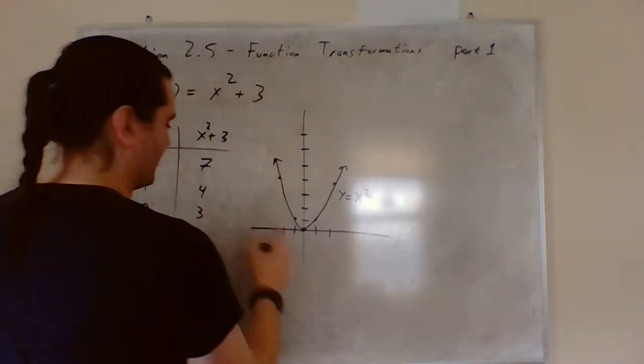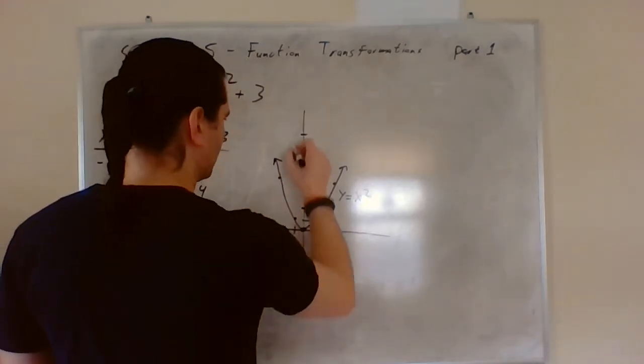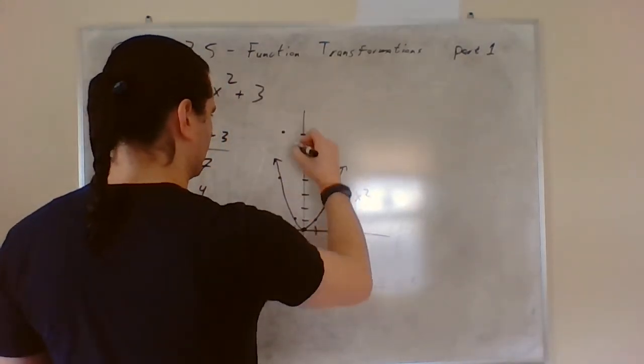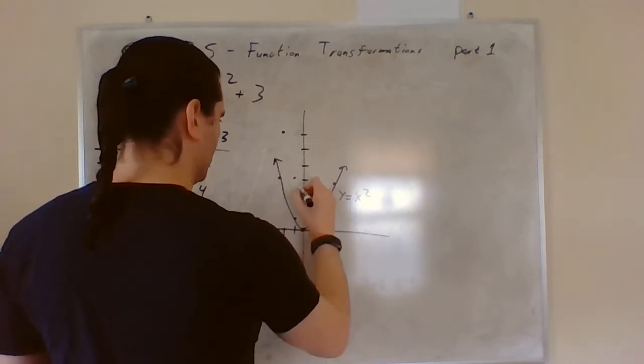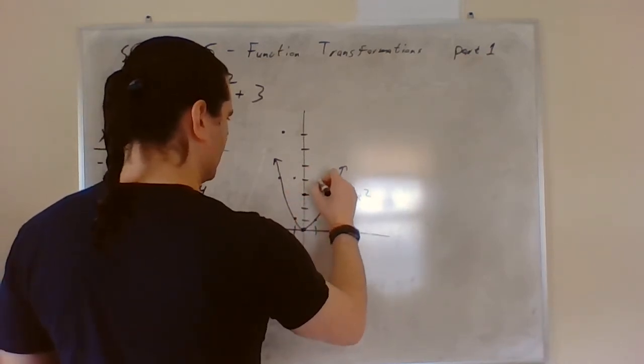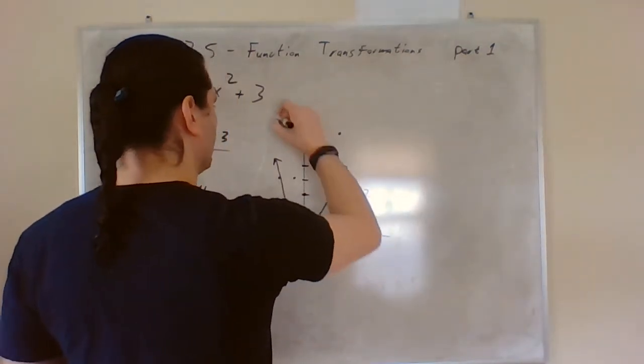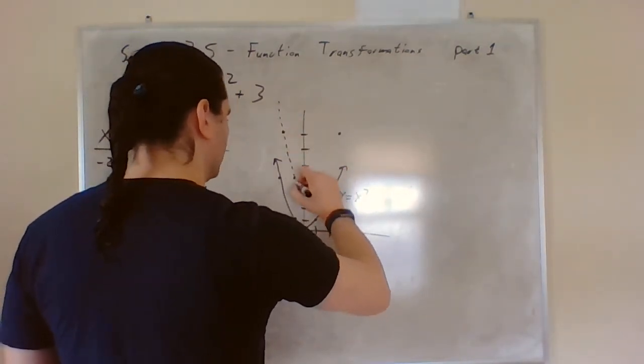The transformed function is going to go 7, 4, 3, 4, 7.